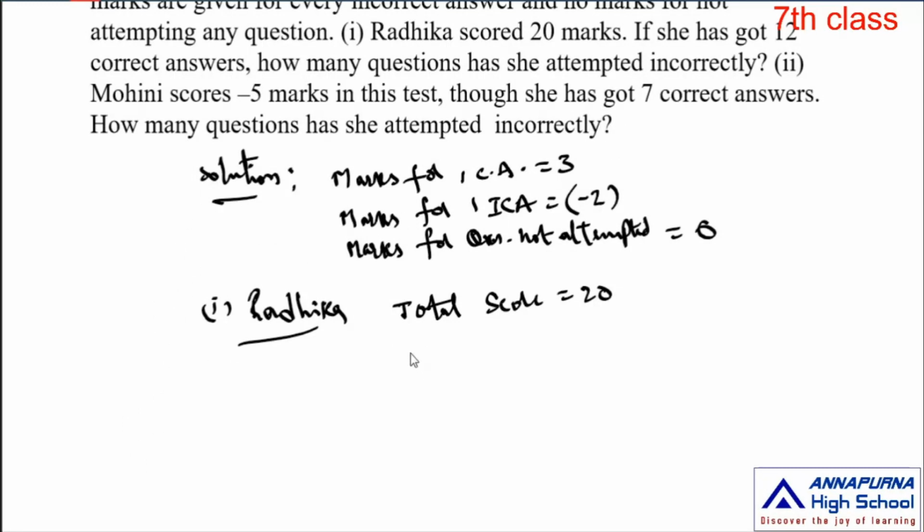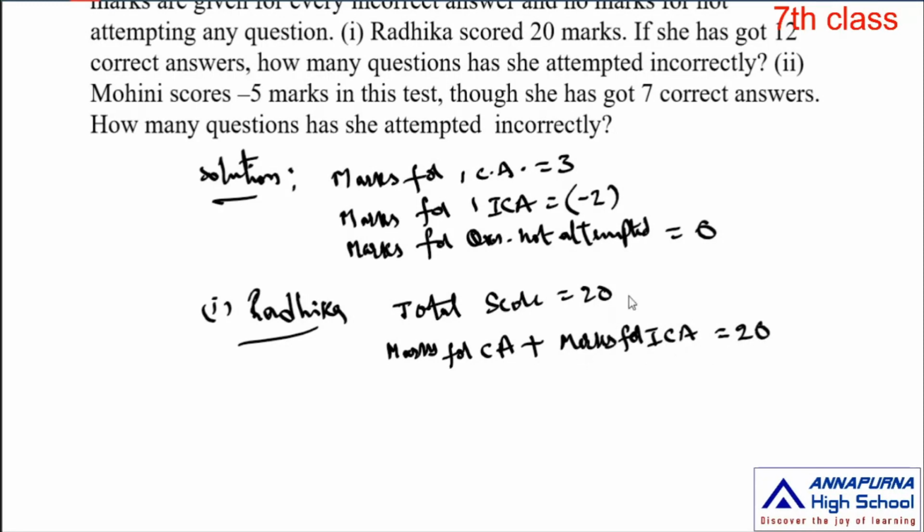So here, what is the meaning of total score? Marks for correct answers plus marks for incorrect answers is equal to 20.